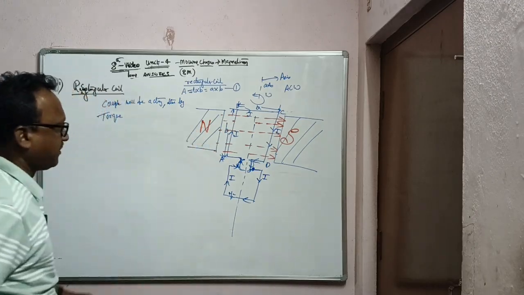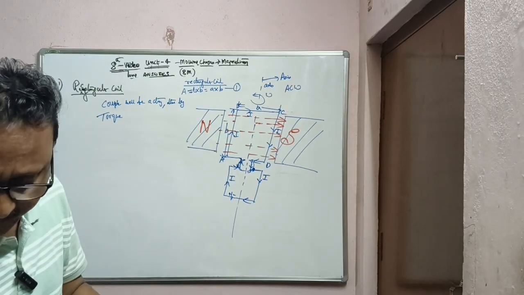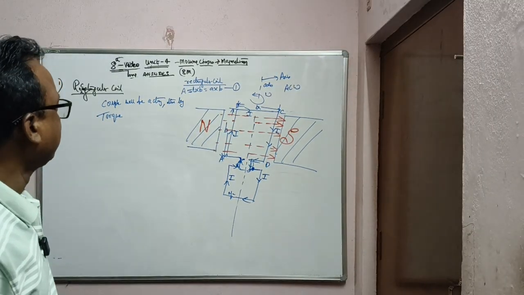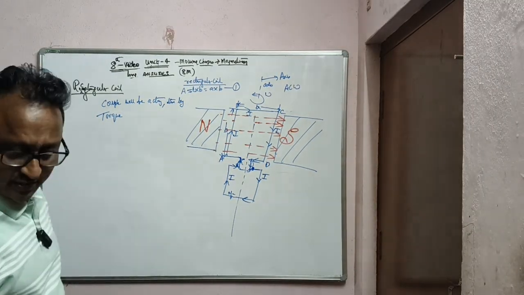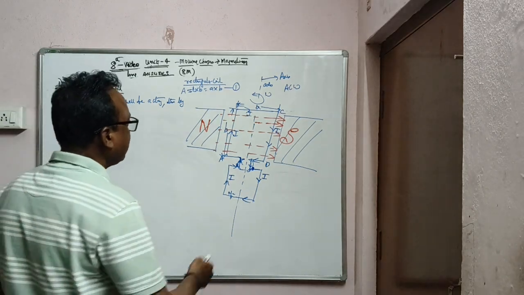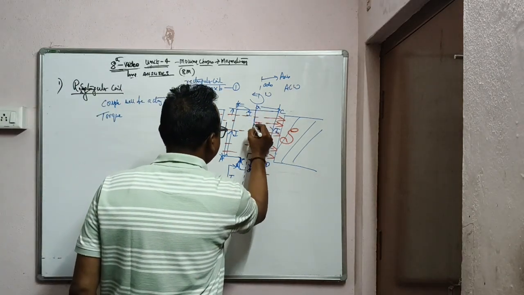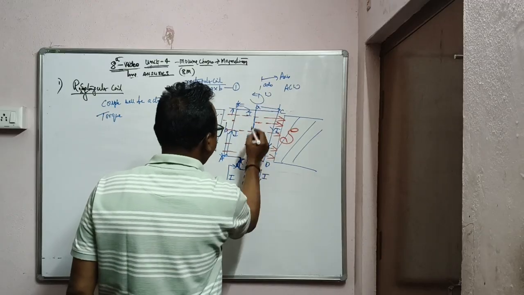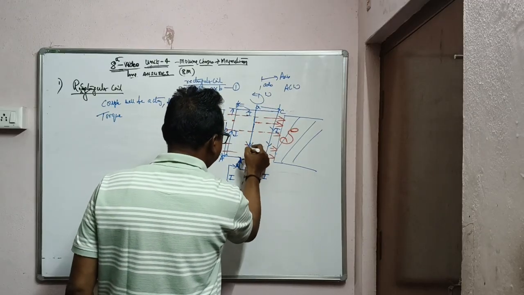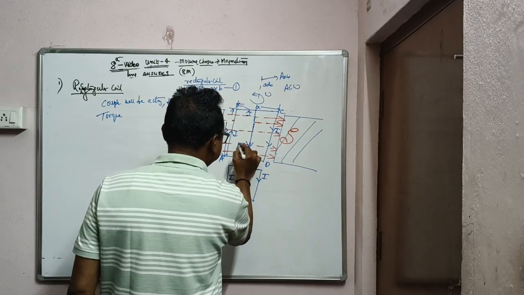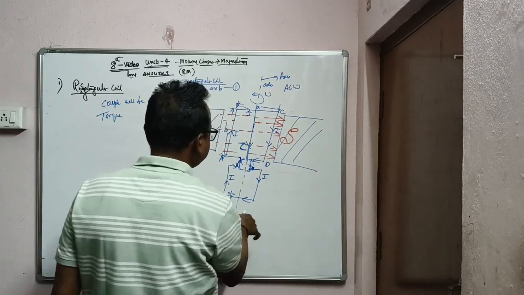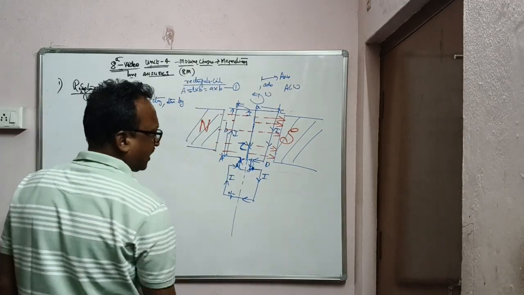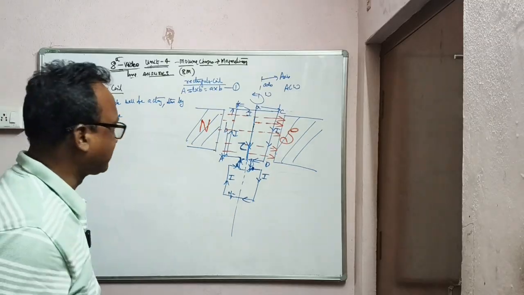So all these things will be coming now. I'll explain each and everything with a neat diagram. Okay? So if you observe the axis here, this is the axis and it is rotating anti-clockwise, and torque will be in this direction. You know the torque formula, force into perpendicular distance.